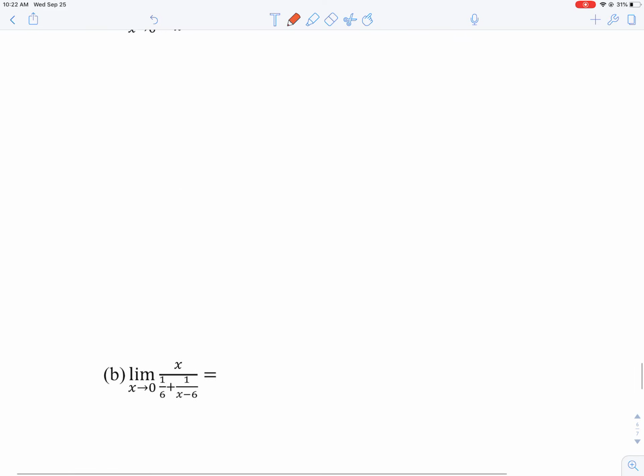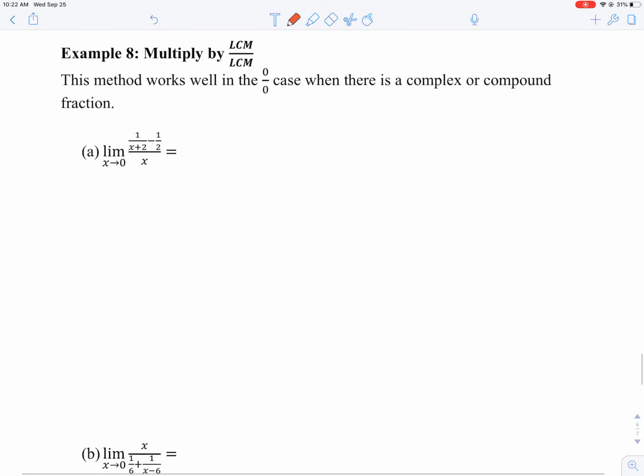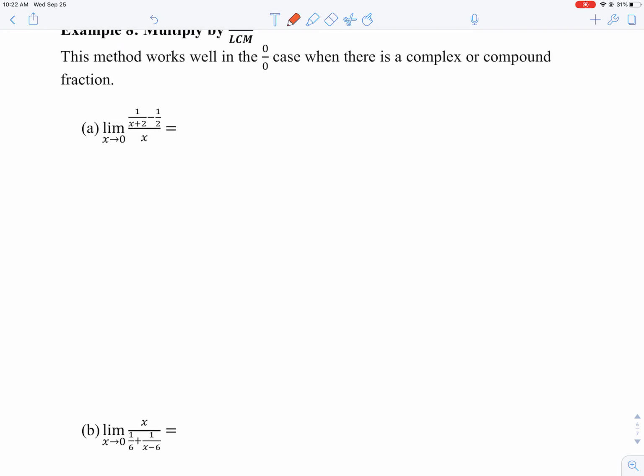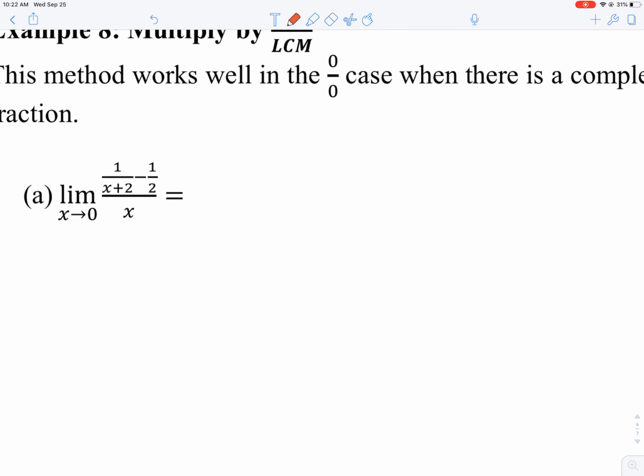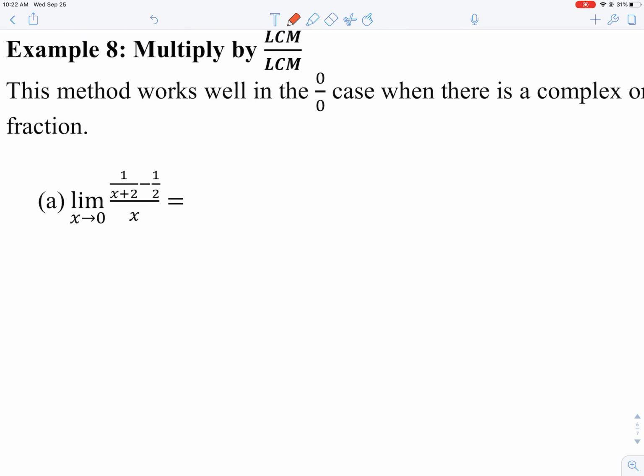Okay, so these next examples you're going to see are when you have a complex fraction, so a function that has a complex fraction, like a fraction in the numerator or denominator or both. And if direct substitution leads you to 0 over 0 indeterminate form, you're going to attempt to get rid of the complex fractions by multiplying by the least common multiple of the denominators of the complex fractions over itself.